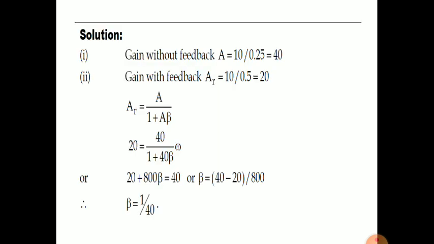You can see gain without feedback, A is equal to output by input. Output is 10, without feedback we need to give input as 0.25.